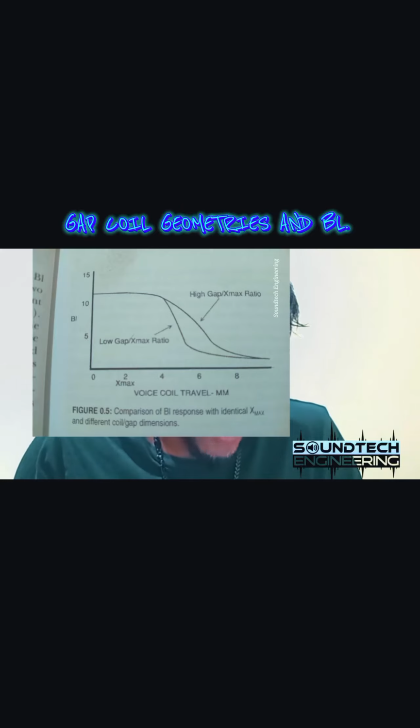Looking at the diagram, the BL starts to gradually decrease beyond the Xmax point, to about 2 times the Xmax, also known as double Xmax, and then dramatically decreases when the ratio of the air gap height to the Xmax is large. The rate of the BL decrease is slower when the ratio is low.